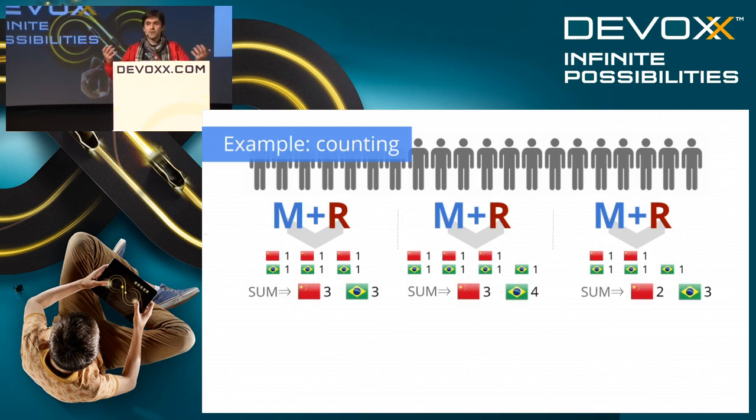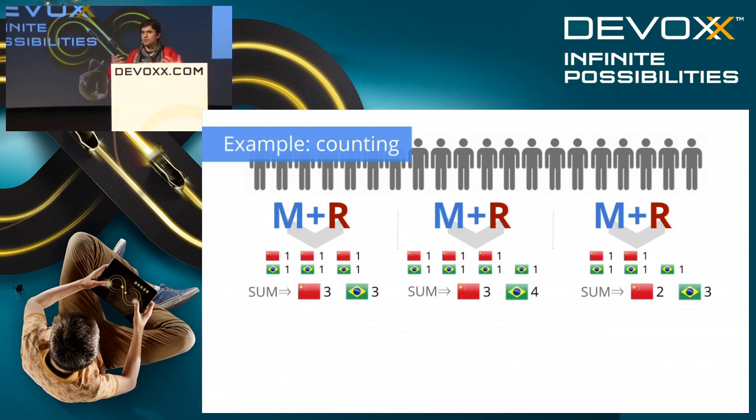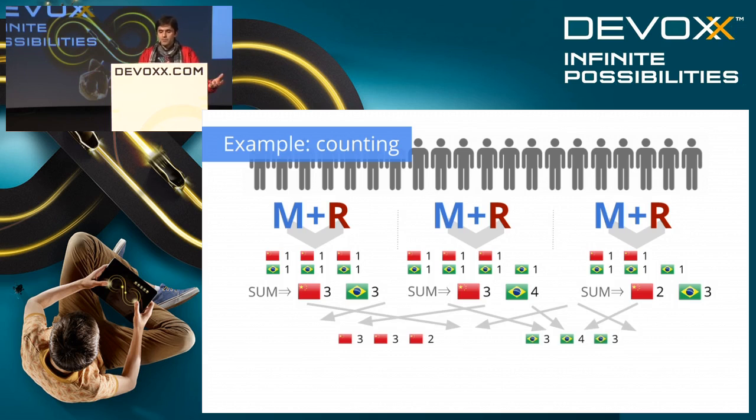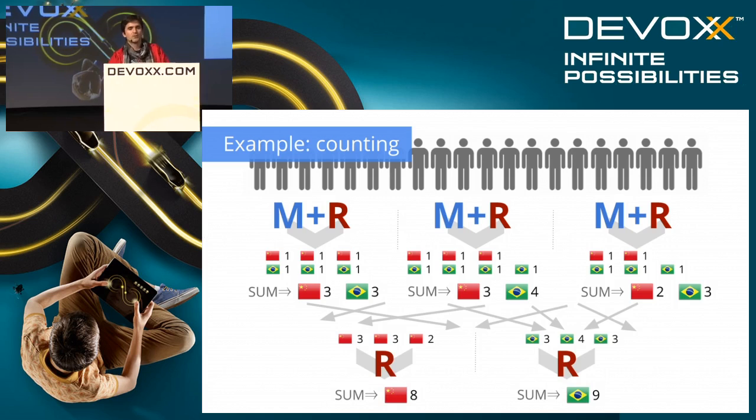But I'm just summing them, in the mappers. I can already do the partial sums and say on this mapper, now I have 3 Chinese and 3 Brazilians. So the next mapper, I have 3 Chinese and 4 Brazilians, and so on. My shuffle step, it's just these intermediate sums that get shuffled to the reduce machines, which completes the sum.